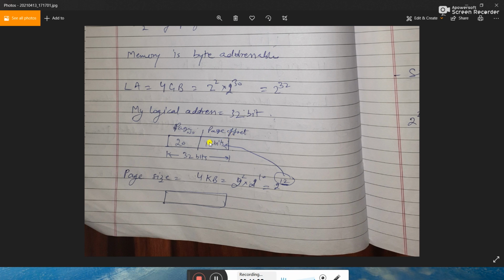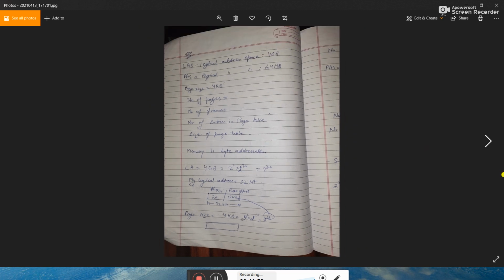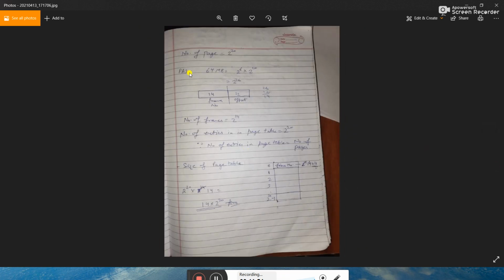And the remaining bits are for my page number. Okay, so that's how I am converting my logical address space into bits, and that's how I will generate my logical address. Now next, see, the number of pages is 2 raised to power 20.